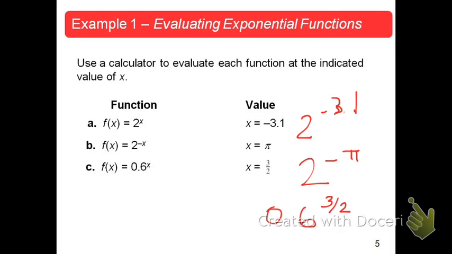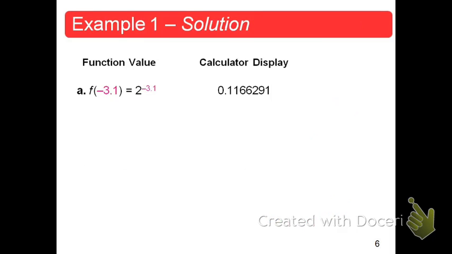What I want you to do now is to pause, pull out your calculators, and actually do these calculations. Plugging negative 3.1 for your exponent, 2 to the negative 3.1, you should have this value here.